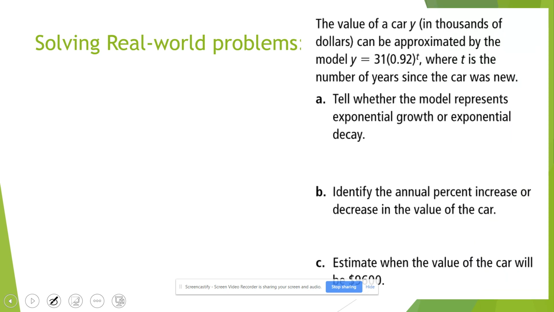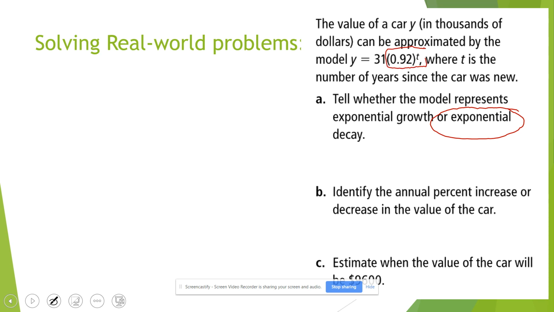Here's another problem with depreciation of cars, because we all know that as soon as you drive off the lot, you lose value in your car. So is it growth or decay? Again, locate the exponent, and the number immediately to the left of it is the base.